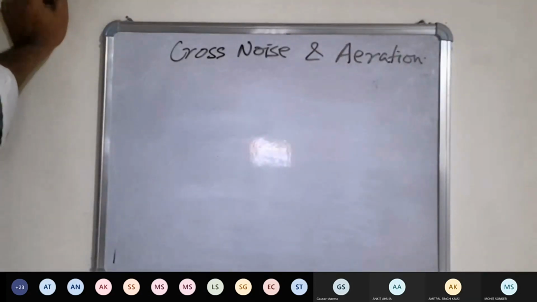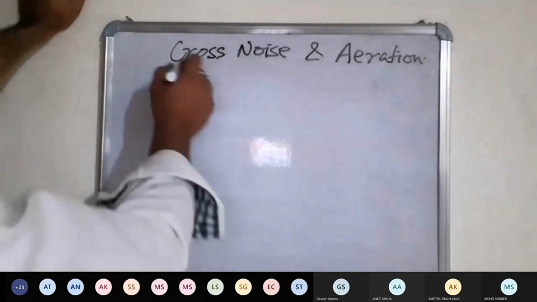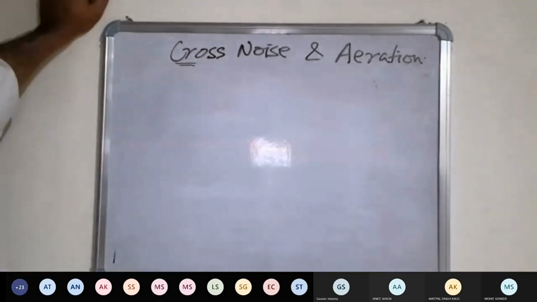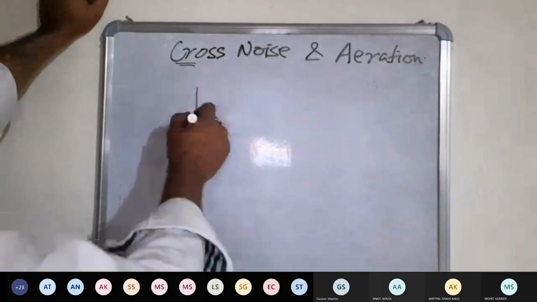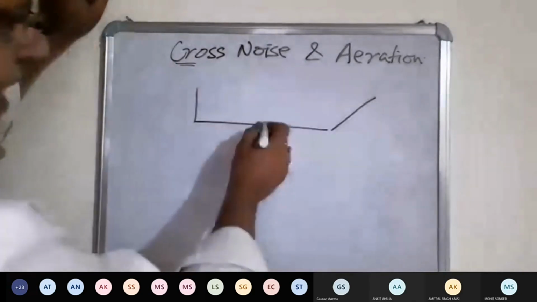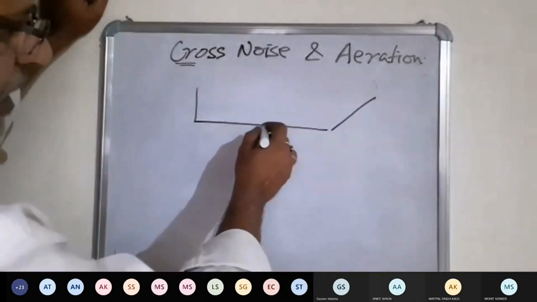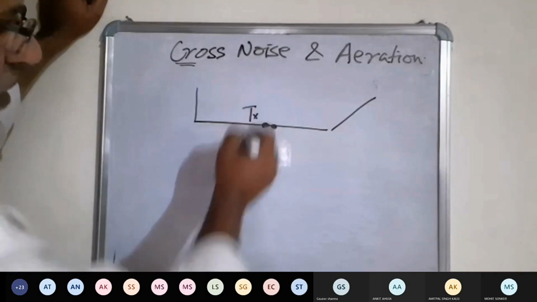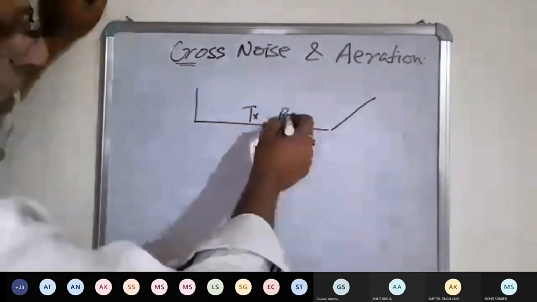Cross noise and aeration. These are noise sources basically. So what is cross noise? Remember that in the ship, when we are having this transducer, one is used for transmission, other one is used for reception.